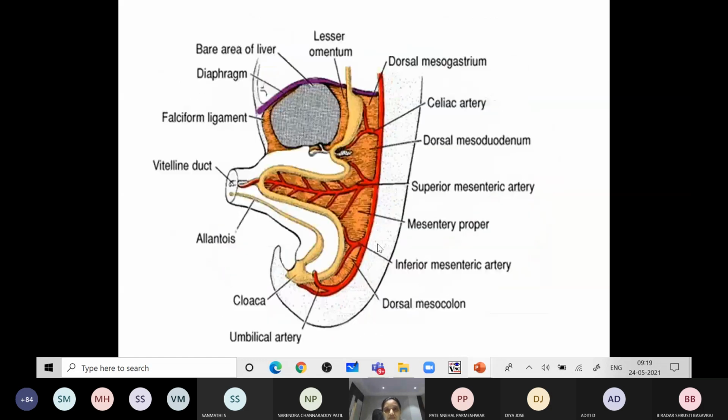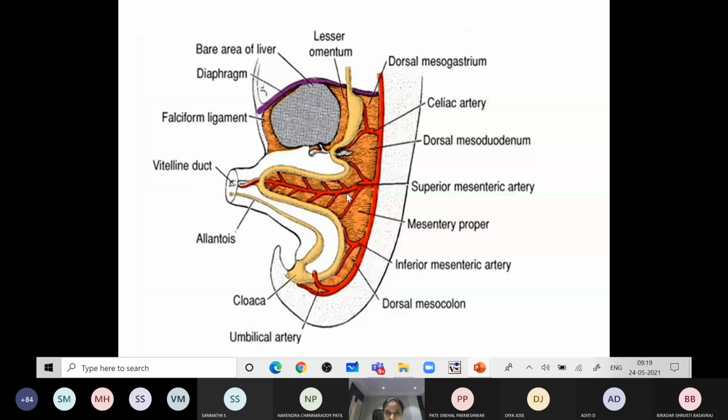That is the ventral mesogastrium and dorsal mesogastrium, which suspend the upper part of the foregut, that is the stomach. In the lower part, the dorsal mesogastrium will be there. The part which suspends the small intestine is called the mesentery. Enteron means small intestine.